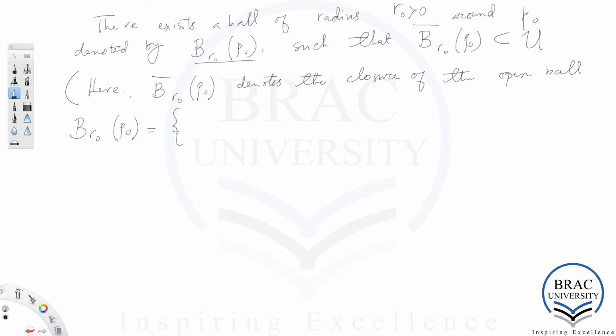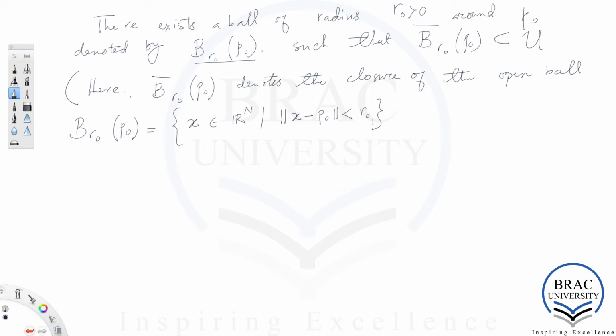We all know from the definition of this open ball in Euclidean space, it is the collection of all the vectors in R to the n such that the norm of x minus p0 is strictly less than r0.